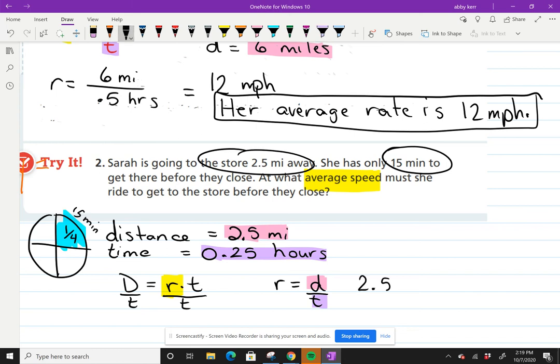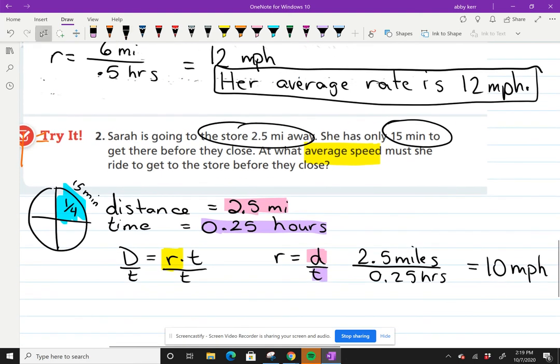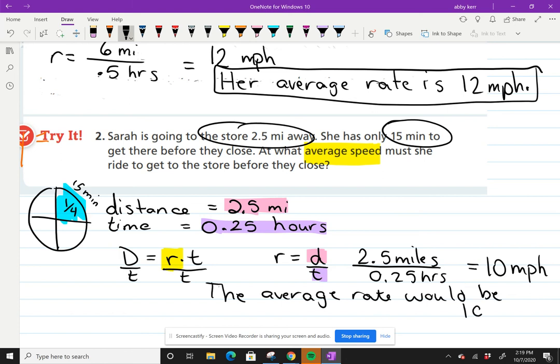So 2.5 miles over 0.25 hours. If you put that into the calculator, it will give you 10 miles per hour. So the average rate would be 10 miles per hour.